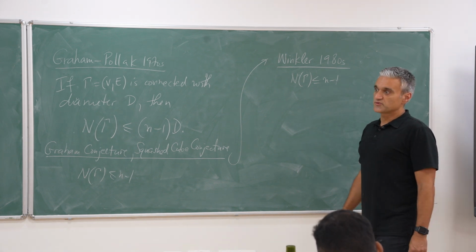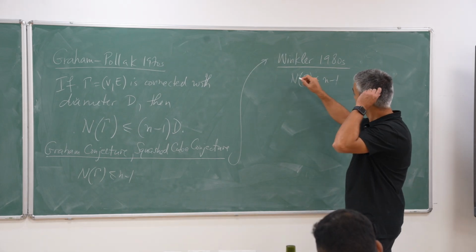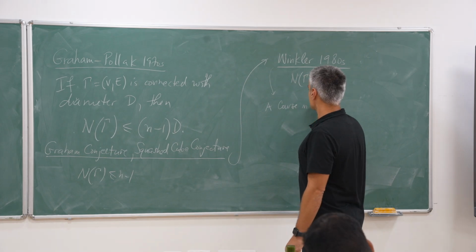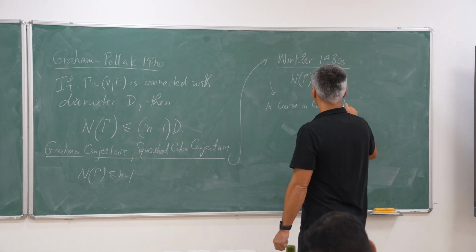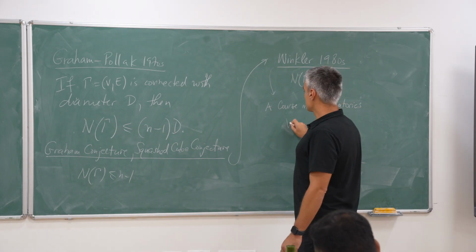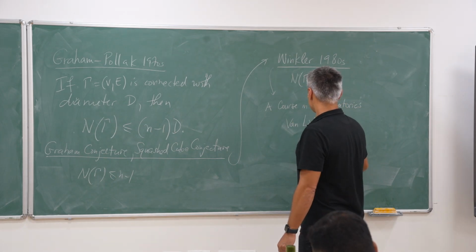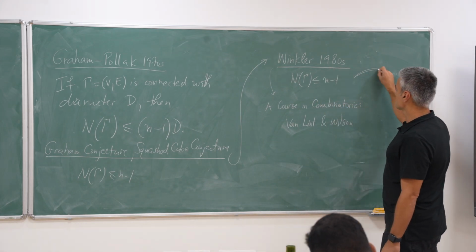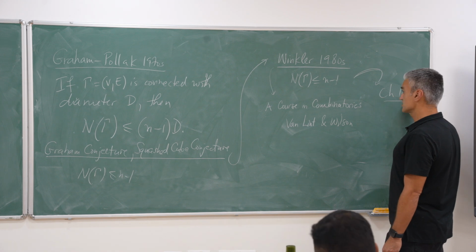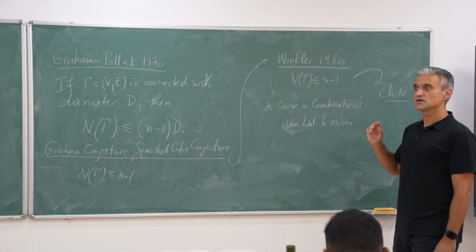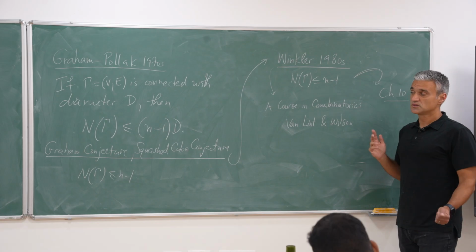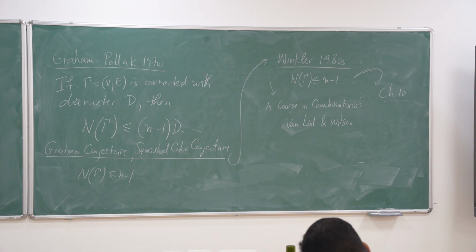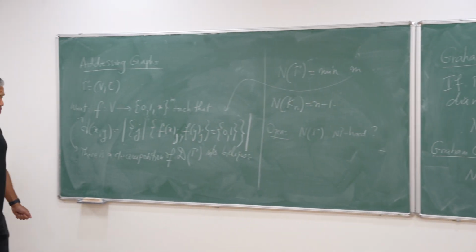You can also find this proof in the beautiful book A Course in Combinatorics by Van Lint and Wilson, I think in chapter 9 or 10. It's half of that chapter. So this parameter is always at most n minus 1, but for many graphs we don't know what it is.